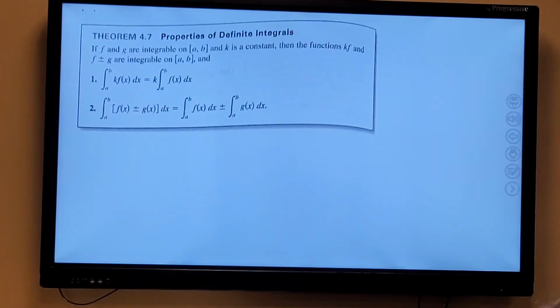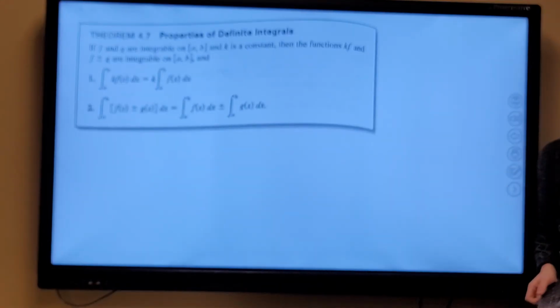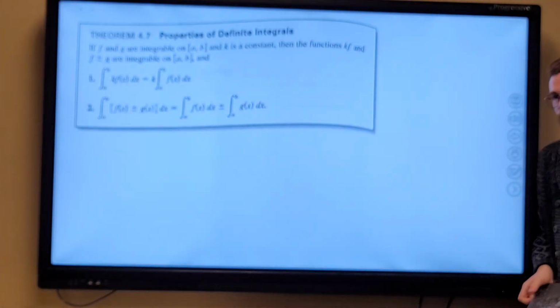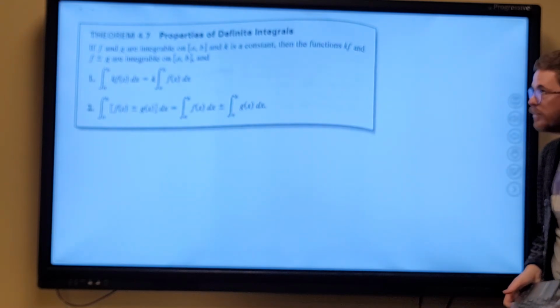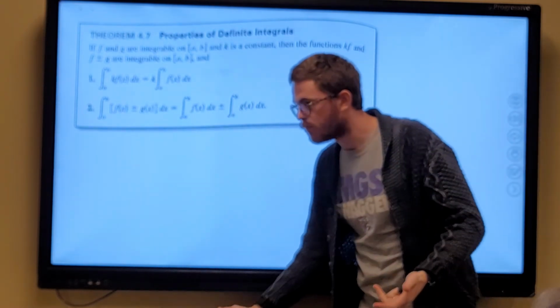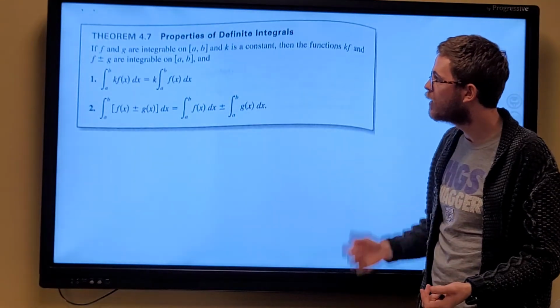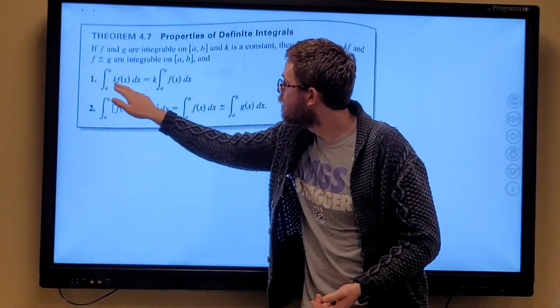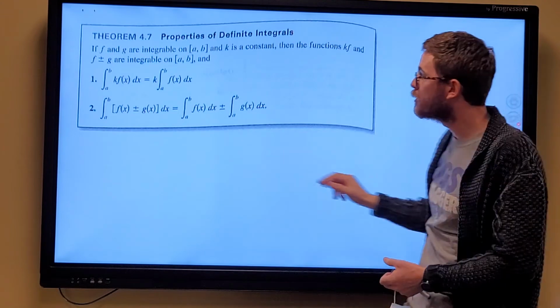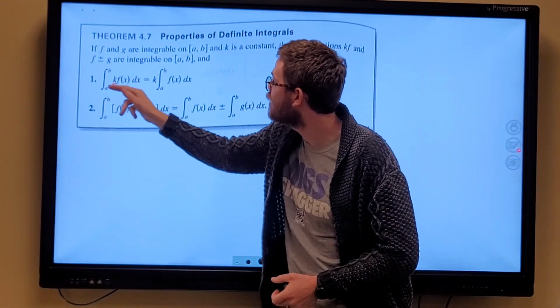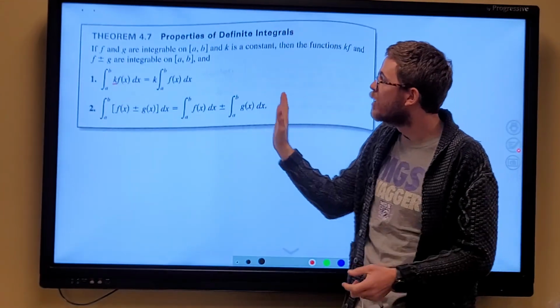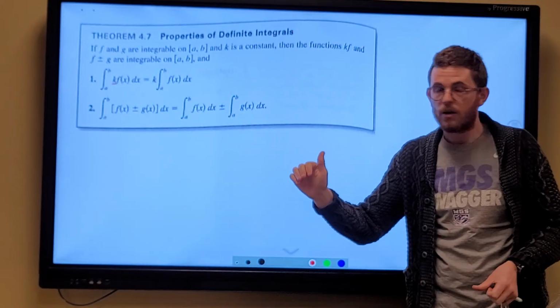Here are two more properties, and they're really the same kind of properties we've seen when it comes to everything in this class so far: limits, derivatives, indefinite integrals. Here it's applying to definite integrals as well. So these properties should be very familiar to us. If we have a constant times our function, we can factor that out.